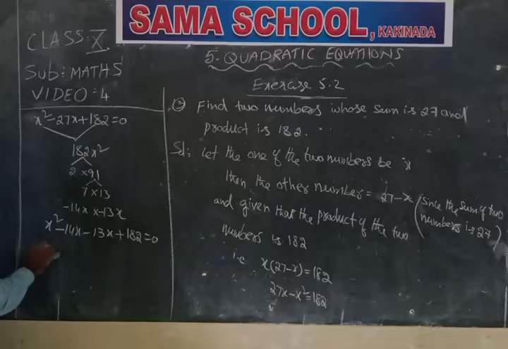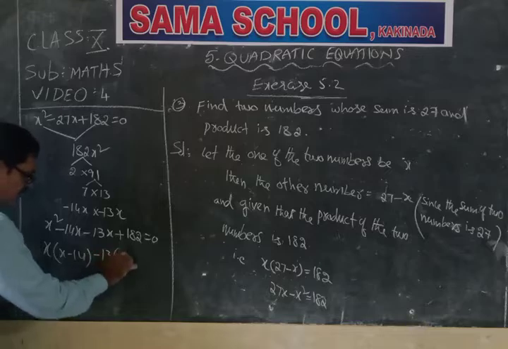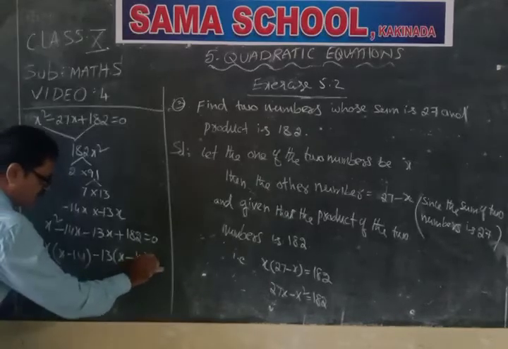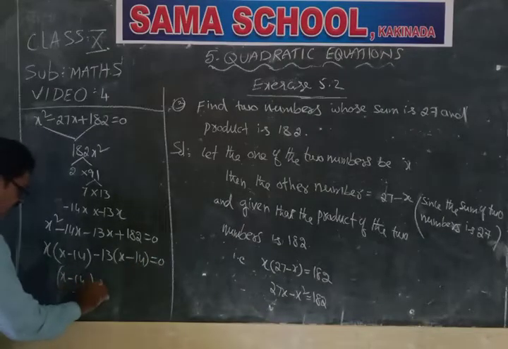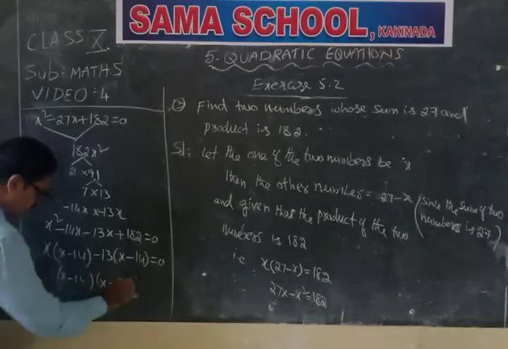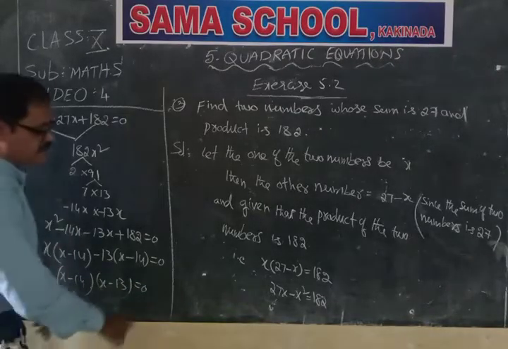In the first two terms, x is common: x into (x minus 14), and minus 13 is common: minus 13 into (x minus 14) is equal to 0. Again, (x minus 14) into (x minus 13). These are the two linear factors for this equation.